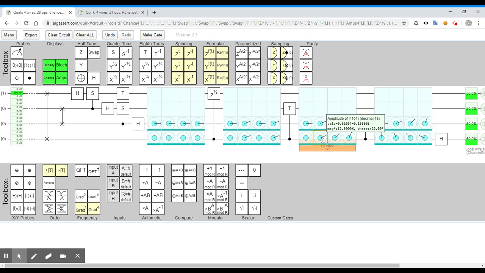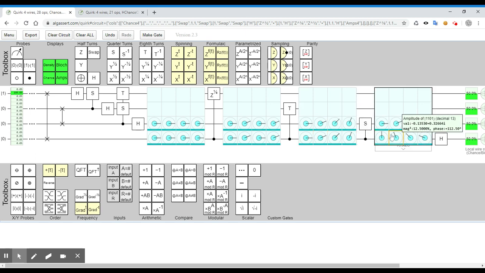So that goes from 22 to 112, and these 235 and these two 157. So each qubit gives you that extra weight in there, because at the end of the day, that's a binary number.